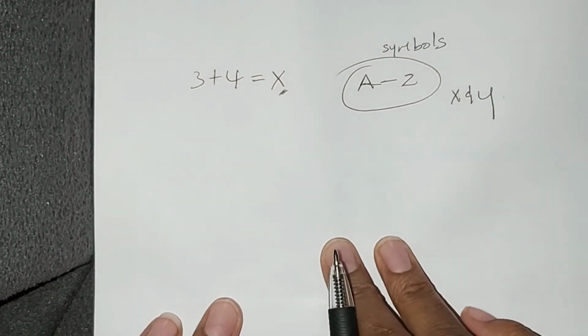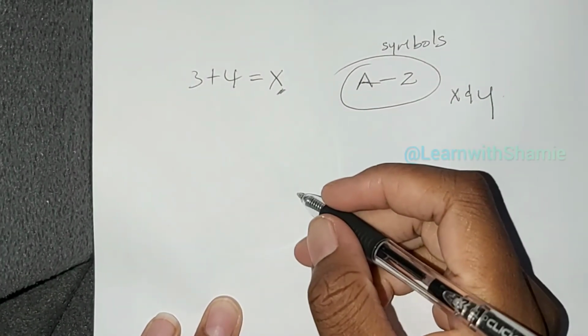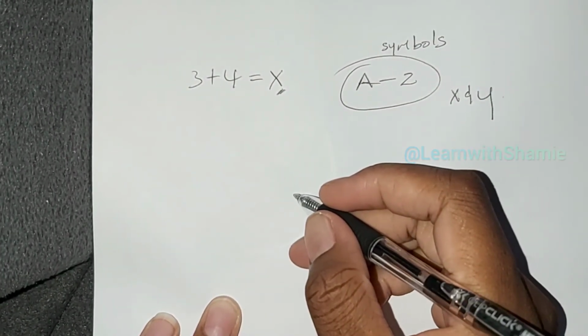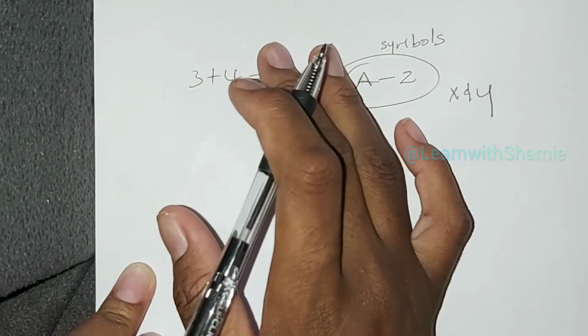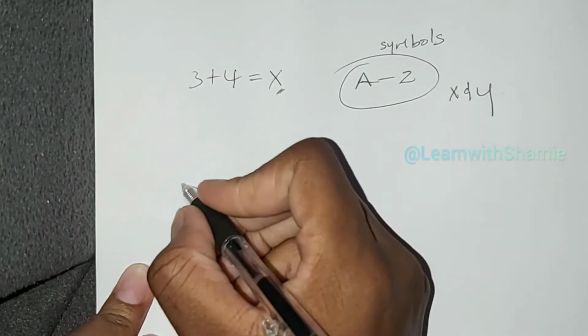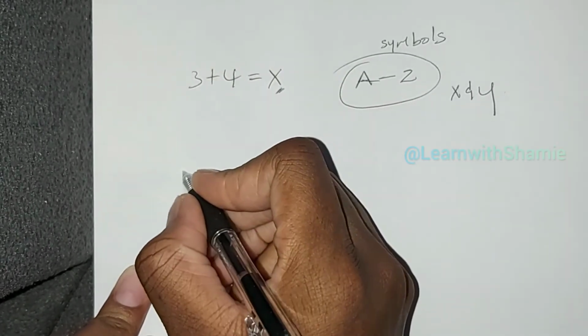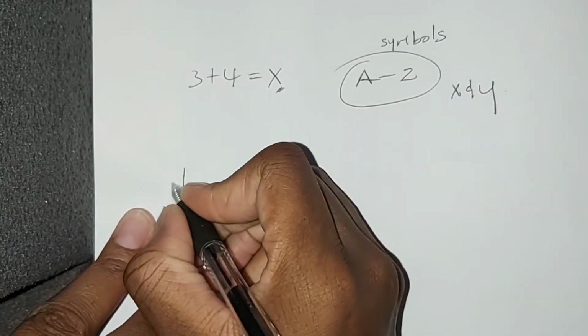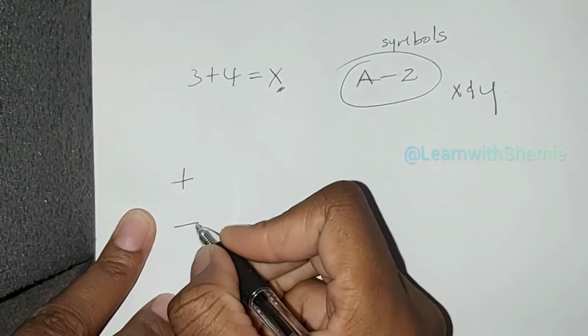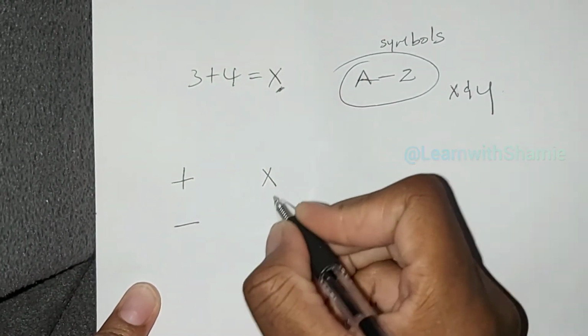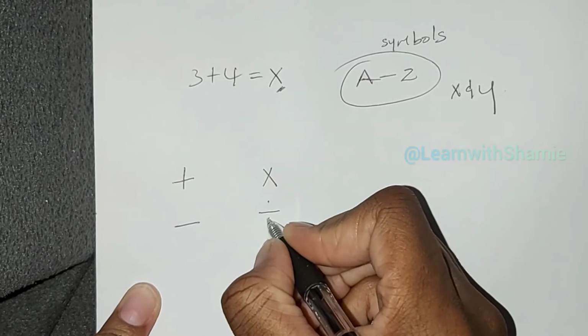Did you know the basics of algebra follows the rules of arithmetic? And yes, it uses the same four operations arithmetic is built on, which are addition, subtraction, multiplication, and division.